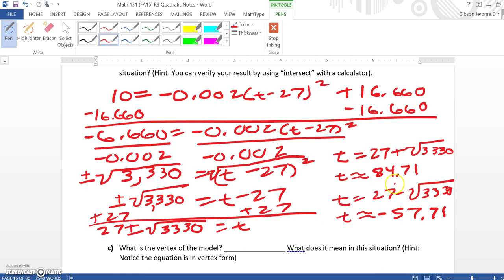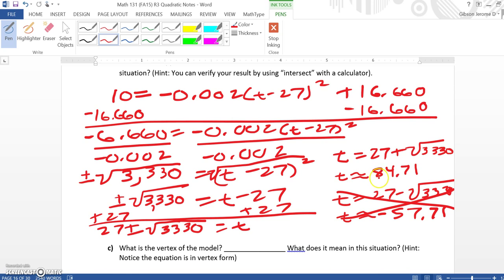Now, what happens is this here. We have our two answers, but we know the problem goes like this. When we're dealing with money and how much debt a person has, you cannot have negative debt, so this is useless. So now, we will have 84.71.